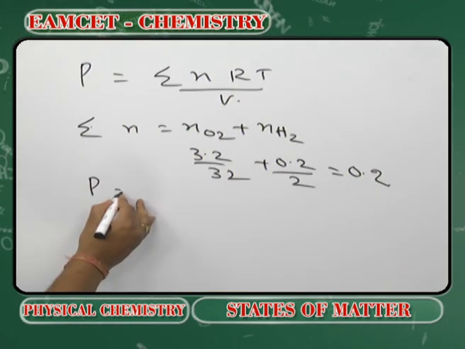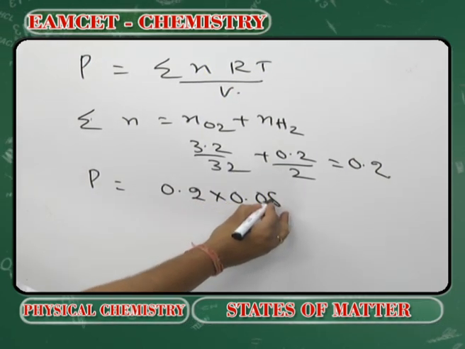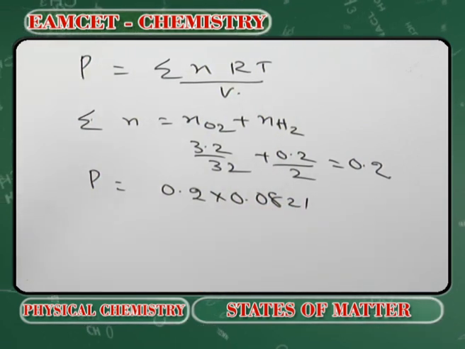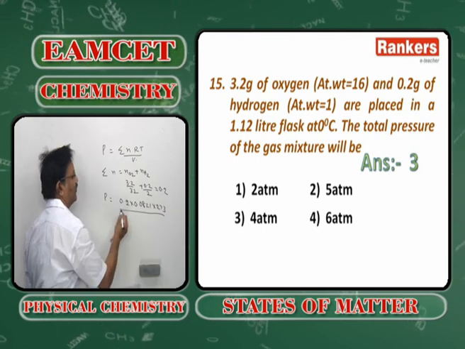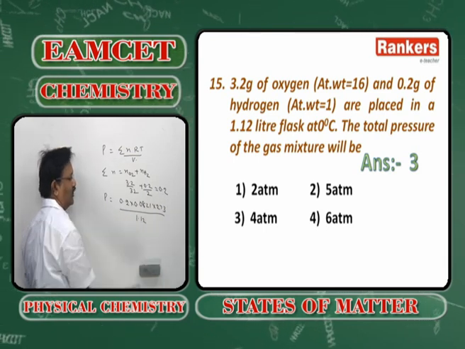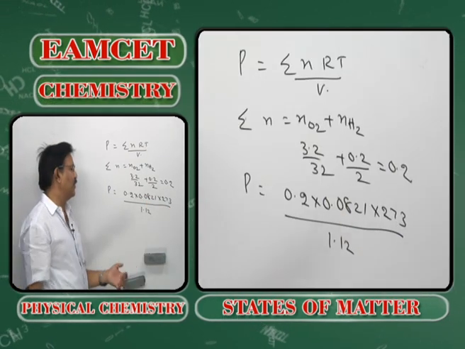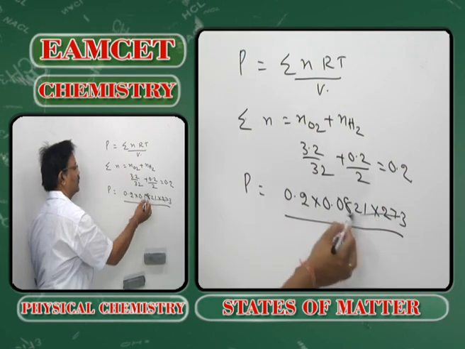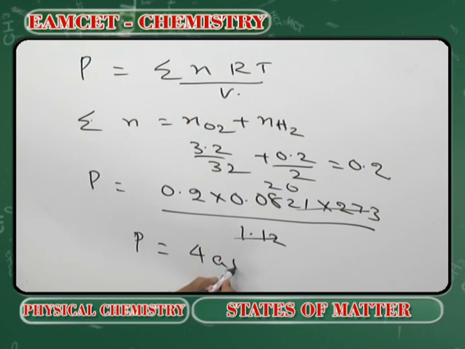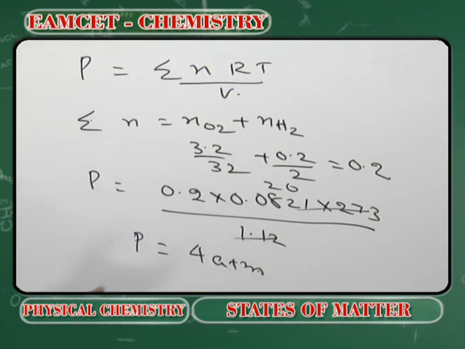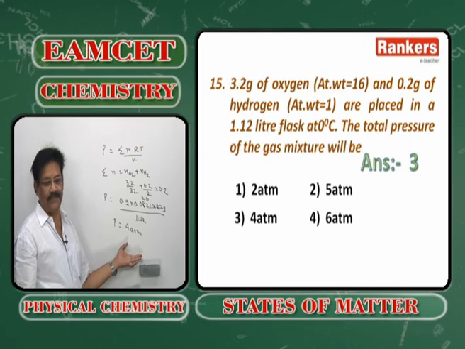So total pressure will be equal to 0.2 into 0.0821. And what is the temperature? 0 degrees centigrade, 273. And what is the volume? 1.12 liters. 0.0821 into 273 is 22.4. So the total pressure comes to 4 atmospheres. It is a simple ideal gas equation. Next question.